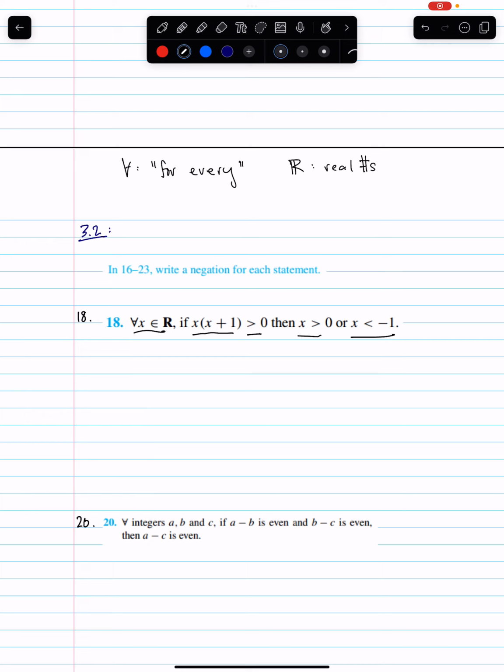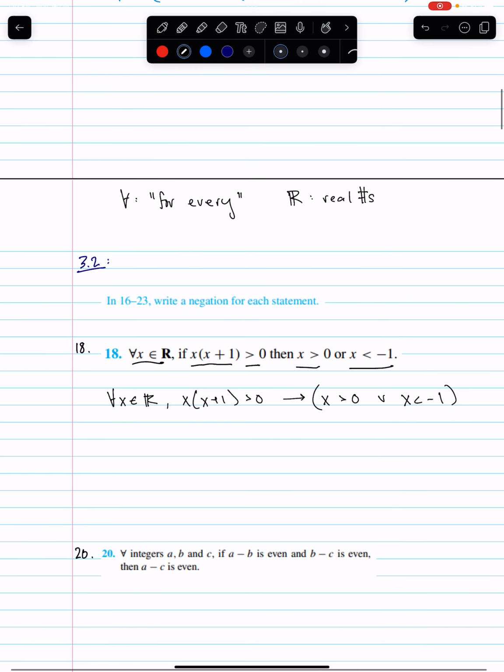Alright, so let's rewrite this down here. Now we want to find the negation of this.